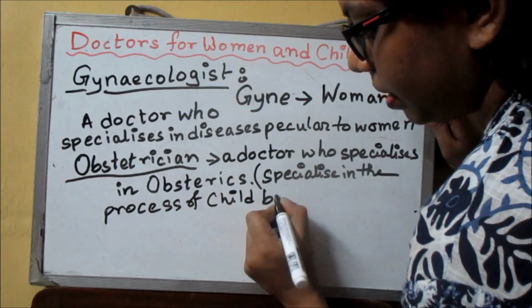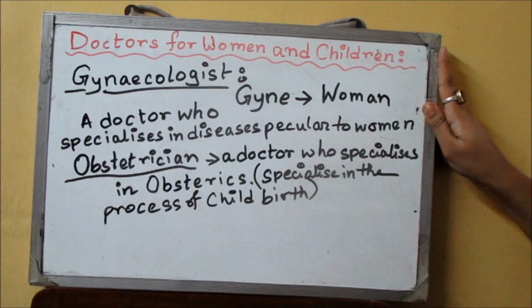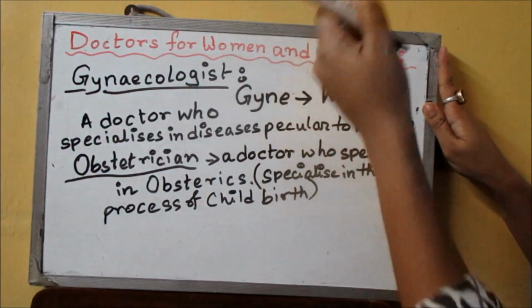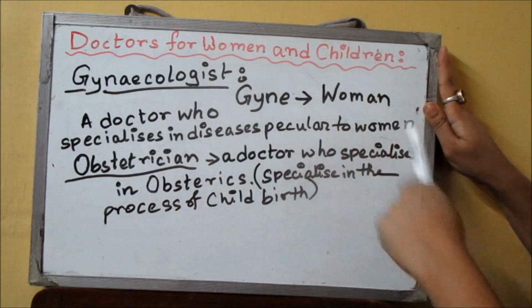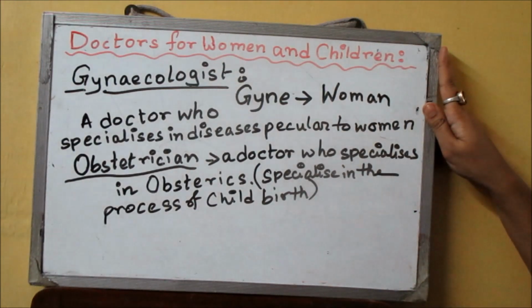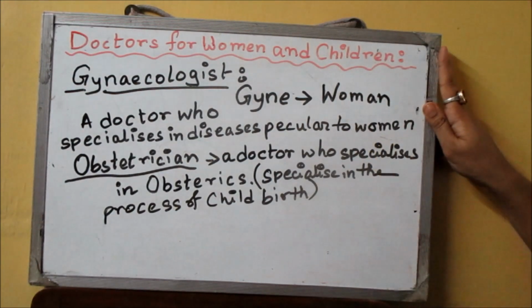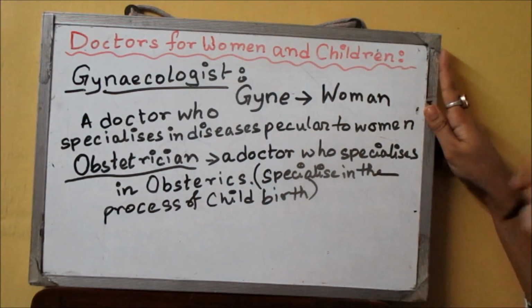Okay, so an obstetrician is a gynecologist who specializes in the process of childbirth. Alright, in Greek, the word gyne means woman.